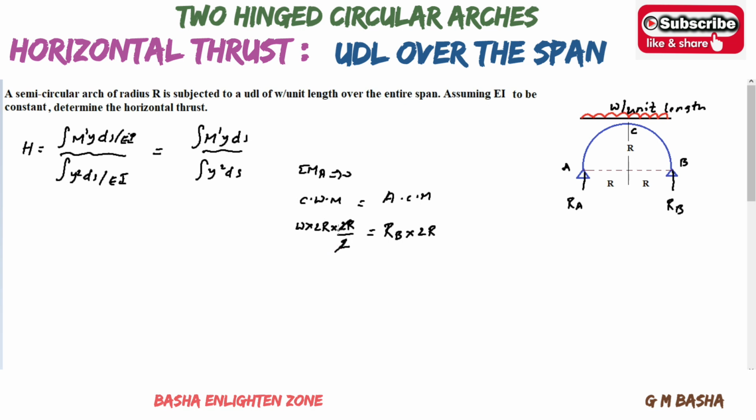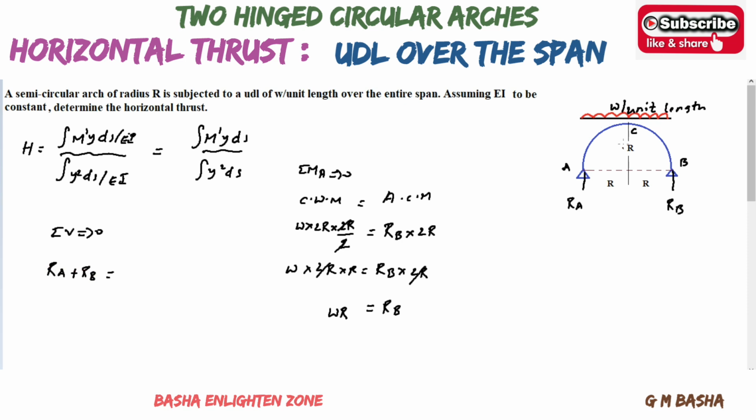So cancel R, and again this one will be W into 2R into R equal to RB into 2R, and again cancel 2R and 2R. You will get RB equal to W into R. Again sigma V will be equal to 0: the sum of vertical loads on the arch is 0, that is RA plus RB acting upwards, and W into L acting downwards.